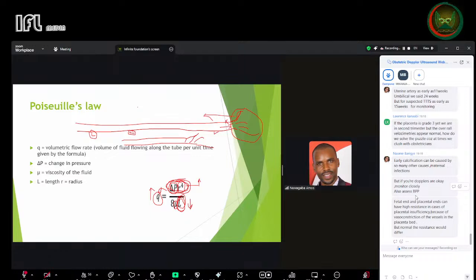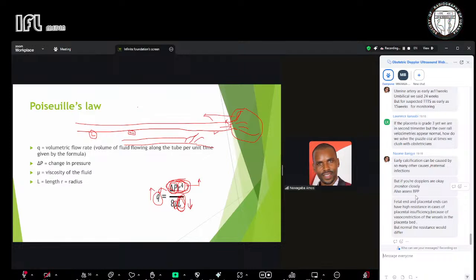Just a short one. Remember, we said you are not doing the Dopplers in isolation. If there is need for you to monitor, you are doing the CTG, you are looking at the maternal pressure, diabetes, whether the patient has risk factors.